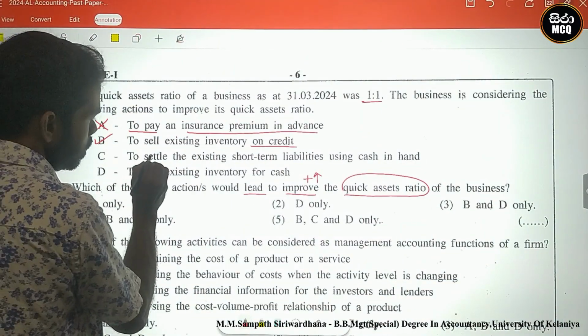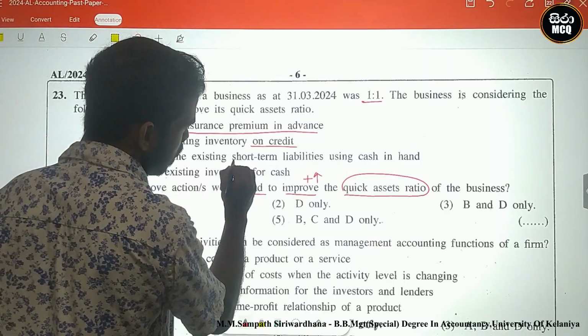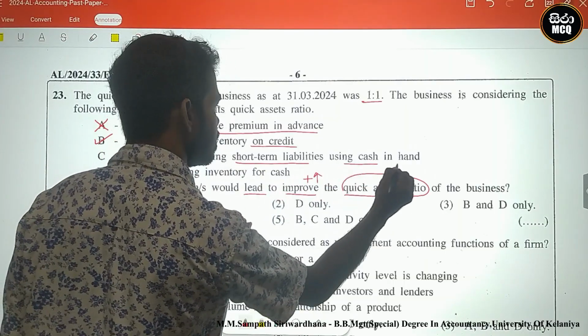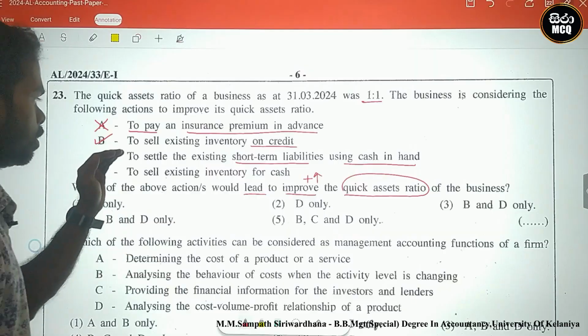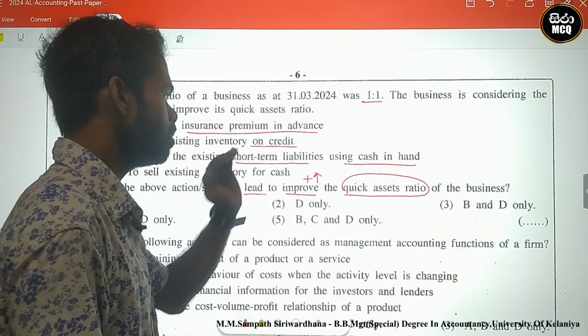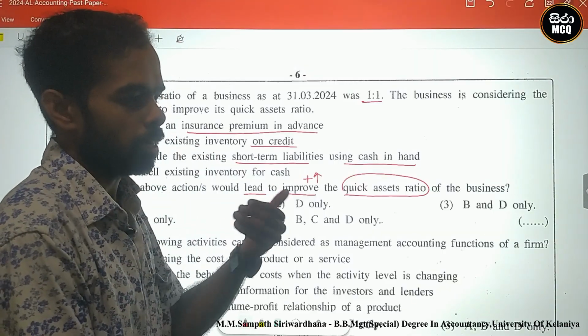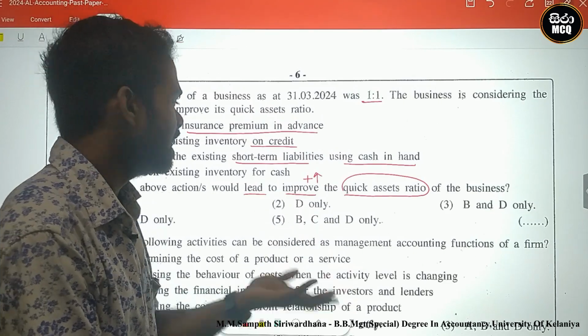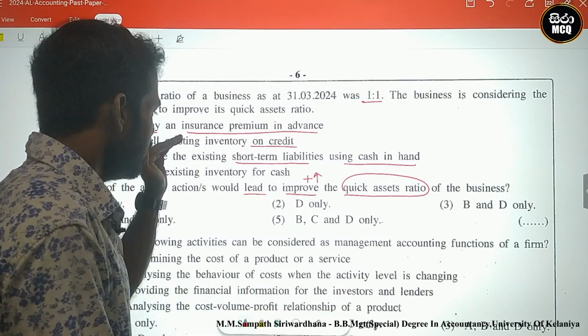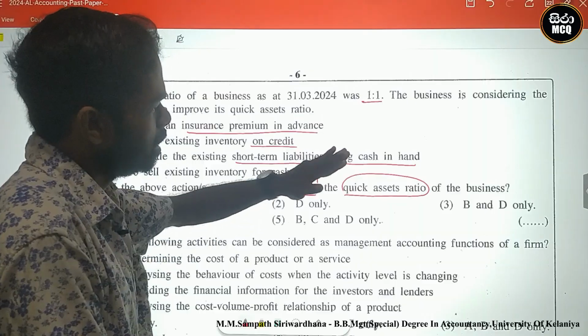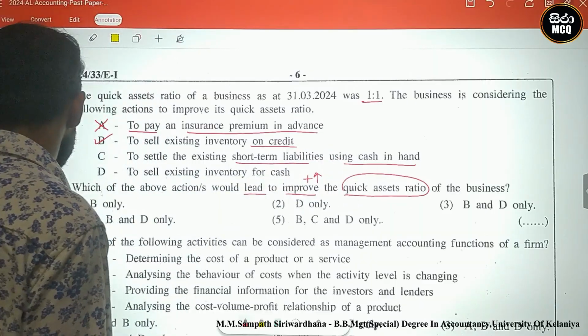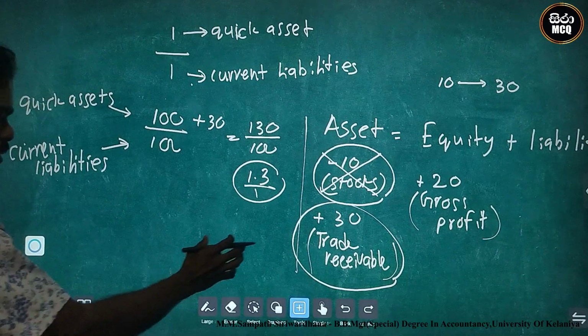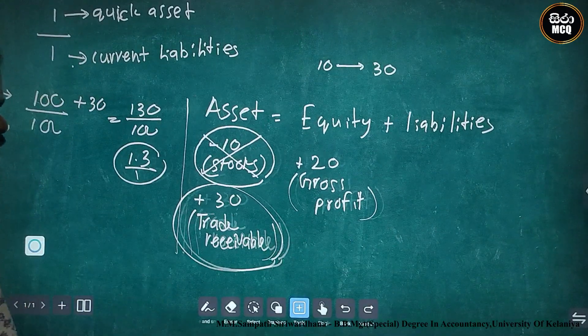Next one: to settle the existing short-term liabilities using the cash in hand. There is a payment for trade payable. To settle the existing short-term liability using cash in hand, there is a cash payment. I use this equation.